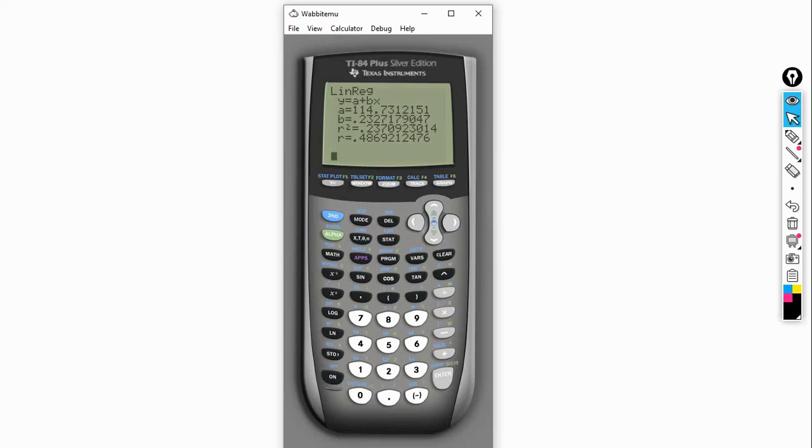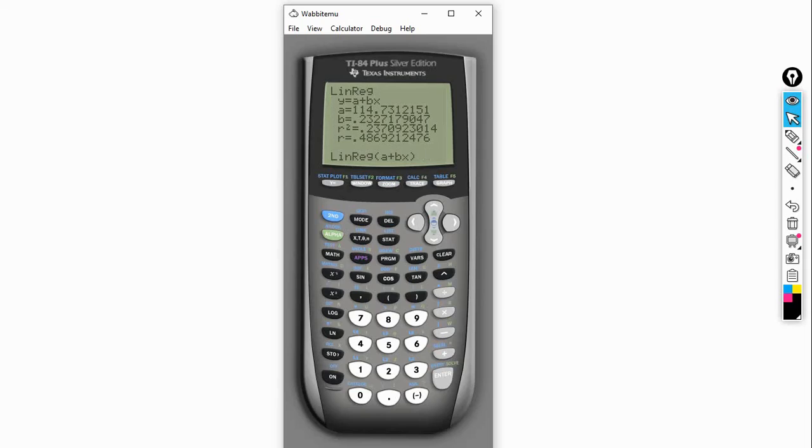Now let's do the opposite one, right? So for that, let's go back to stats and calculate, option 8, and the same thing again, but this time we're going to do it backwards because we want y to be the explanatory variable or the independent, and then x is going to be the response.